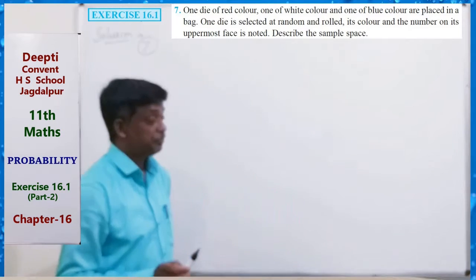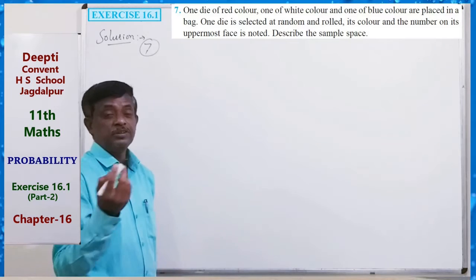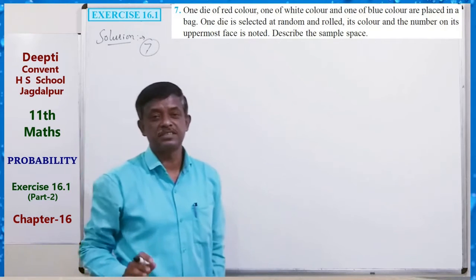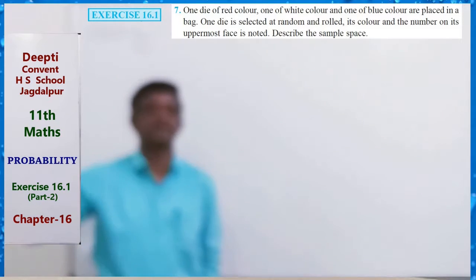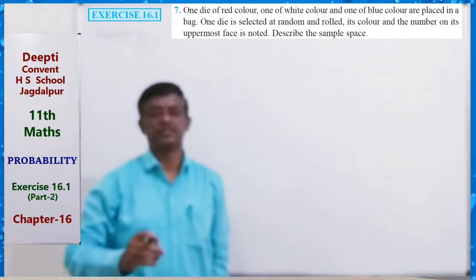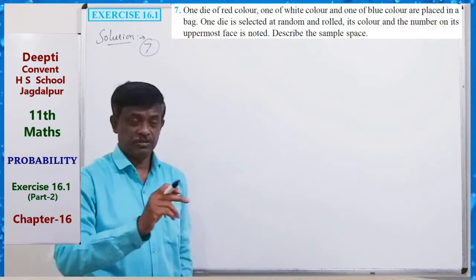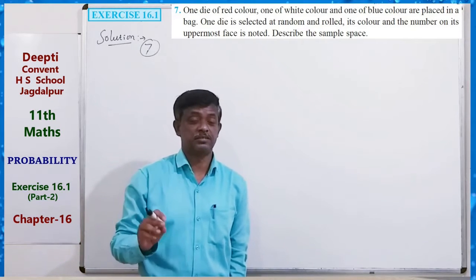Here we have to discuss a die having 6 faces with numbers 1, 2, 3, 4, 5, 6. That is one time rolling. There are 6 possible outcomes, and also here the color is noted. So there are 3 colors.